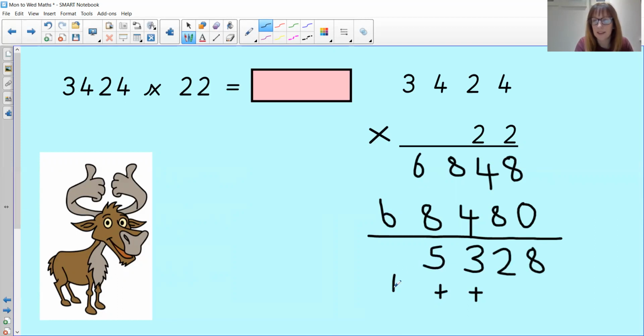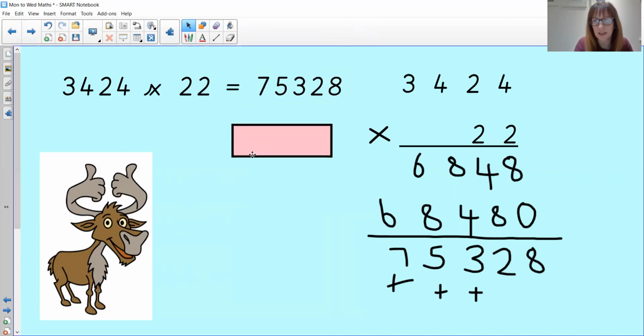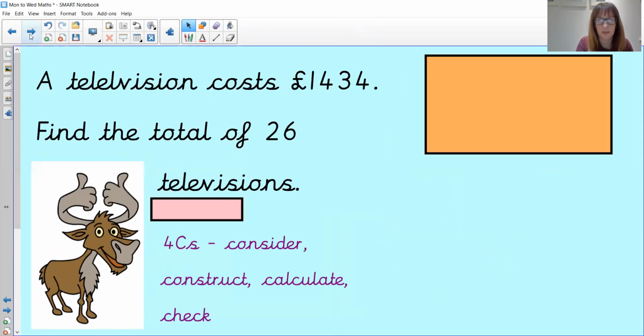And 6 add the 1 is 7. So 3,424 times 22 equals 75,328. Okay, so it's exactly the same as we've been doing all week. It's just an extra column to multiply.